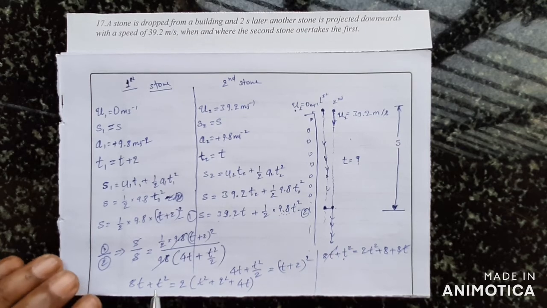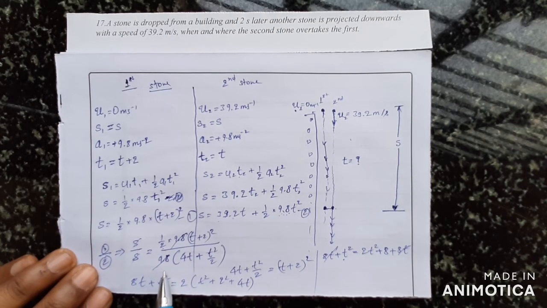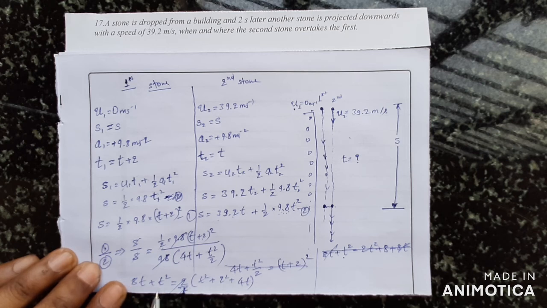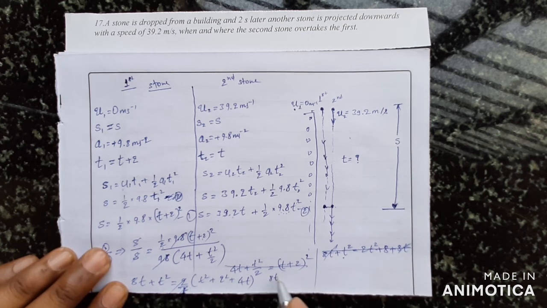Sorry, I forgot one term here. So here we have half again with 9.8 plus t plus 2 the whole squared, in this step. So it is going to be 2 by 2, and hence this cancels. So it is going to be 8t plus t squared is equal to t squared plus 4 plus 4t.